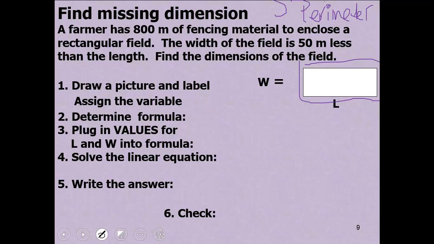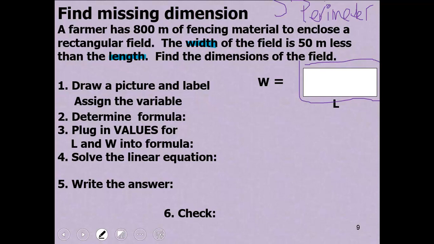The width of the field is 50 meters less than the length. Let's look at this, because this is probably the hardest part. Width is described in terms of length, kind of the reverse of the last one.